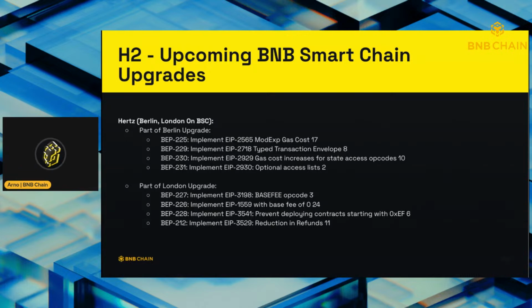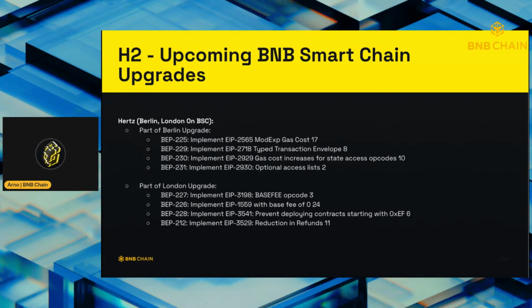A lot of new features have already been added to ETH with the Berlin fork and the London fork. Therefore, for compatibility reasons, it is important that those EIPs are also added onto the BSC network itself. As you might know, the Berlin hard fork was added on Ethereum in April 2021, if I remember well, and it includes 4 main proposals, which are going to be added to the BSC network as well.